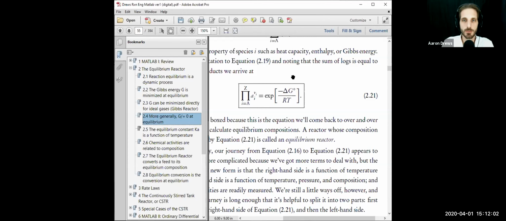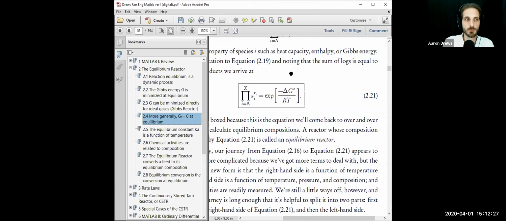The reason we spend so much time with equilibrium is because it sets an upper bound on what's possible in your reactor. No amount of catalyst, no amount of messing around with pressures and flow rates inside of a reactor can ever beat equilibrium. Equilibrium is always there, and you can never do better than equilibrium. You can get different predictions from equilibrium.